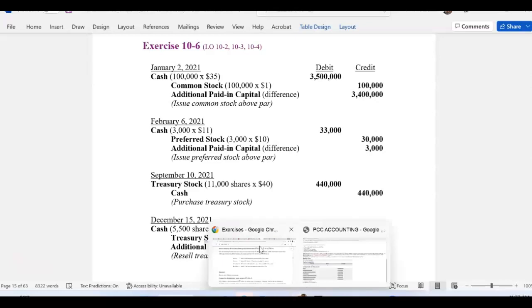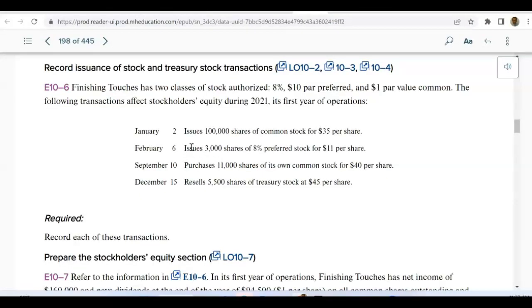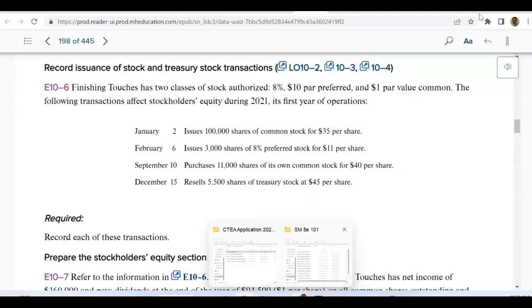On February 6th, the company issued 3,000 shares of 8% preferred stock for $11 per share. 3,000 shares times 11, and the preferred stock has $10 par. That's the max that can go in the preferred stock, so keep that in mind.